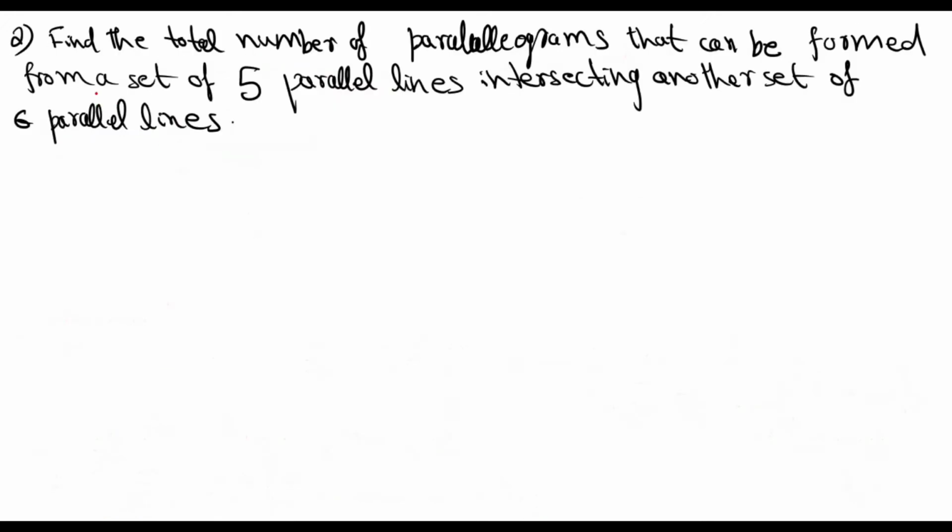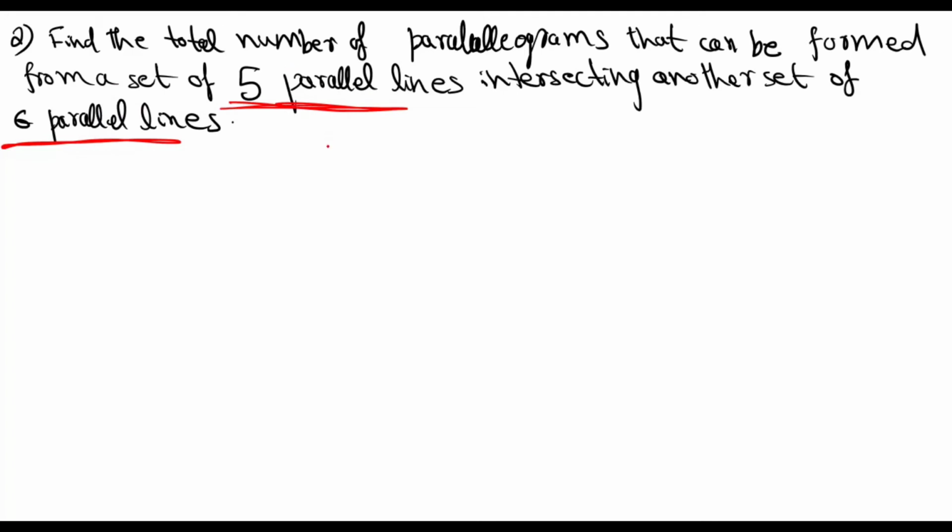Okay, see the second question, find the total number of parallelograms that can be formed from a set of 5 parallel lines intersecting another set of 6 parallel lines. Okay, we have the formula, right? Total number of parallelograms formed from a set of m parallel lines intersecting another set of n parallel lines.